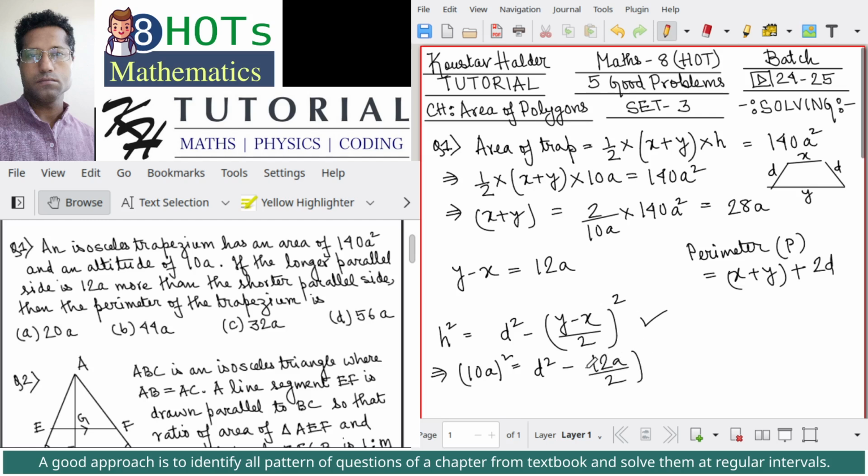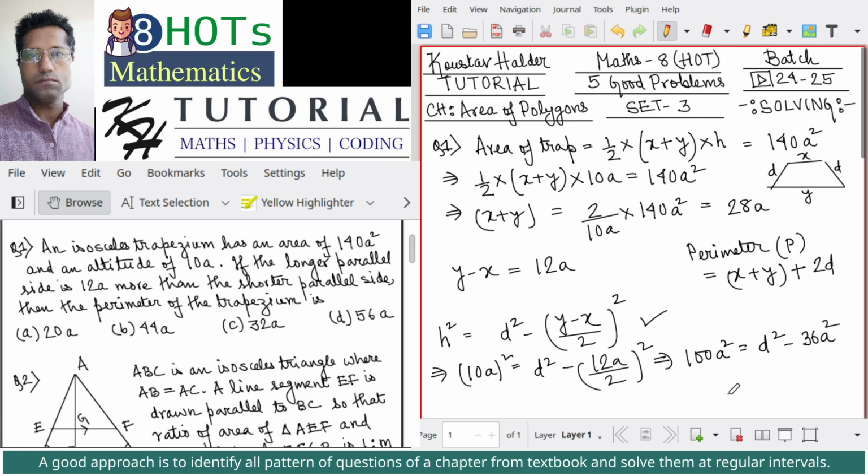So this implies 100a square is equal to d square minus, what is 12a by 2, it is 6a, so this is 36a square.